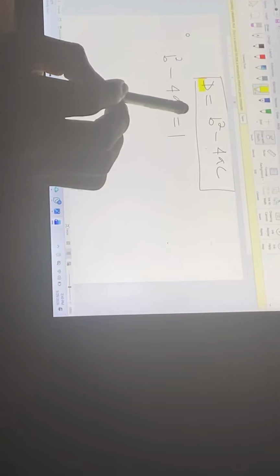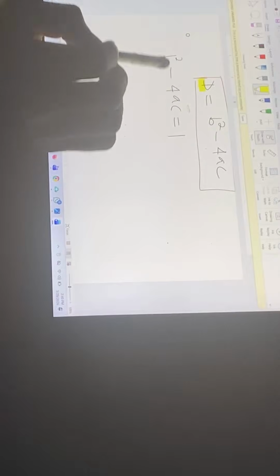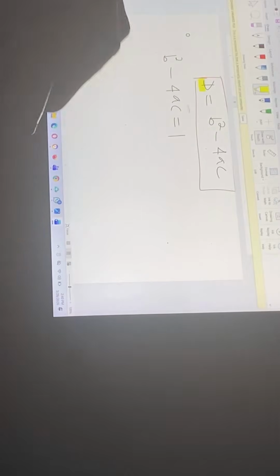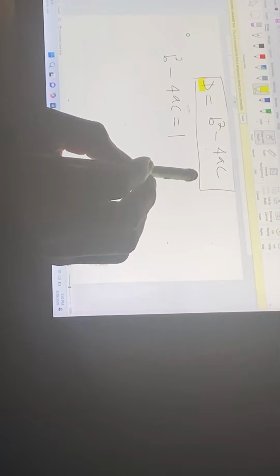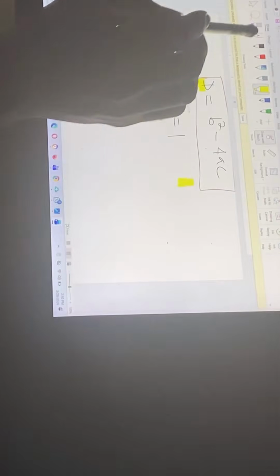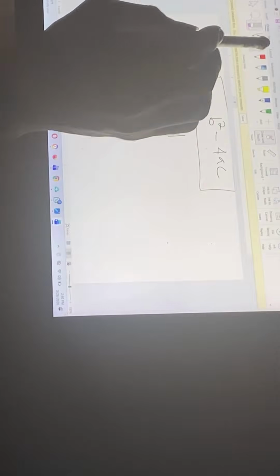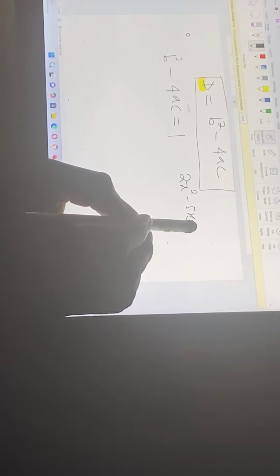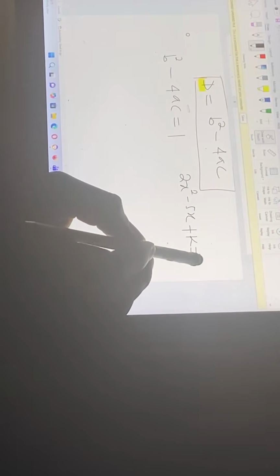So now let's pick up the values of a, b, and c, replace them here, and find k. Where do we get a, b, c? From this quadratic equation, that is 2s squared minus 5s plus k is equal to 0.